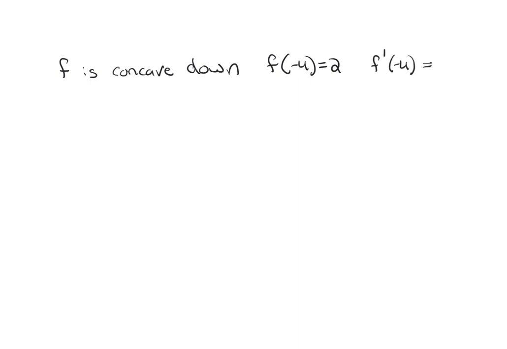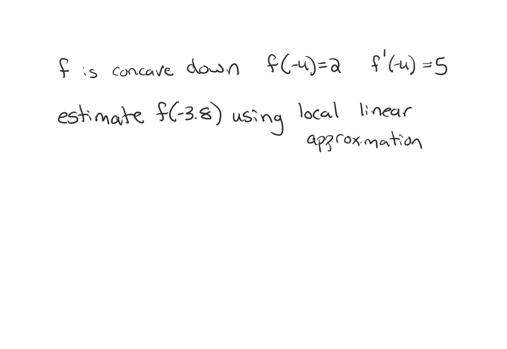Okay, here is the information for our next example. Function f is concave down. And f of negative 4 is 2. f prime of negative 4 is 5. Our goal is to estimate f of negative 3.8 using local linear approximation.